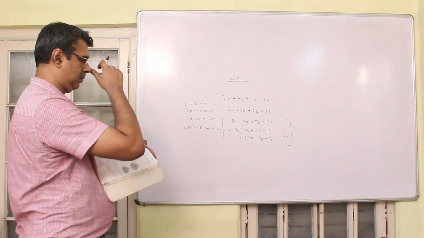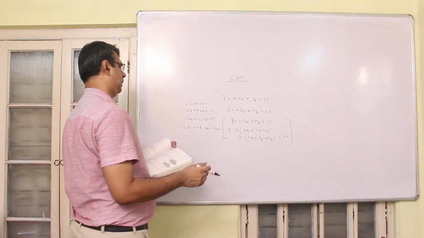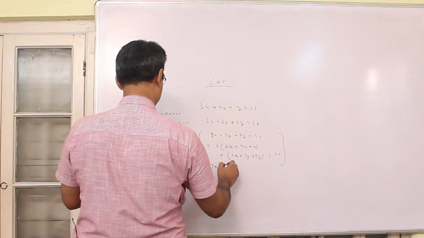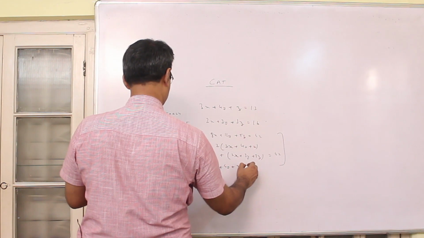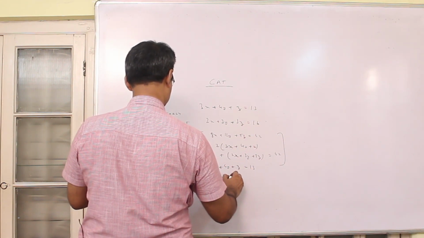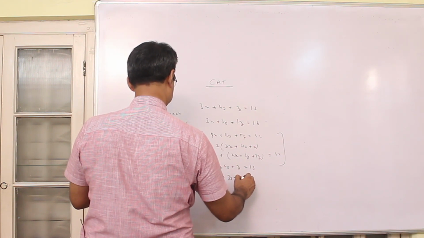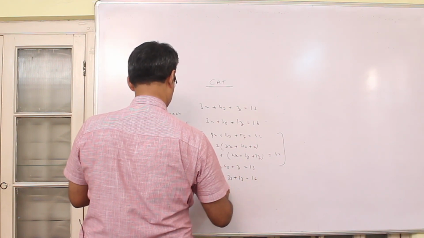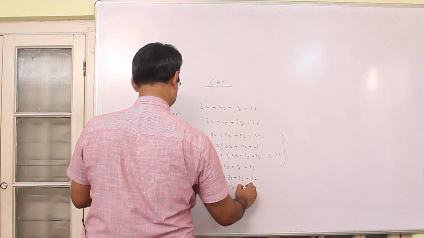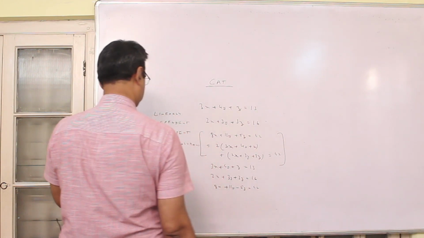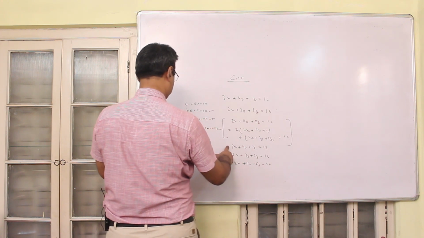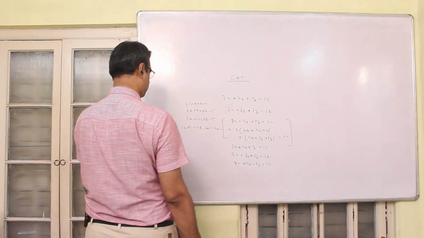The previous example which we did, they are consistent with unique solution. Now suppose if I change one of these equations, suppose the third one, then you will see that the third one is contradicting the first two.